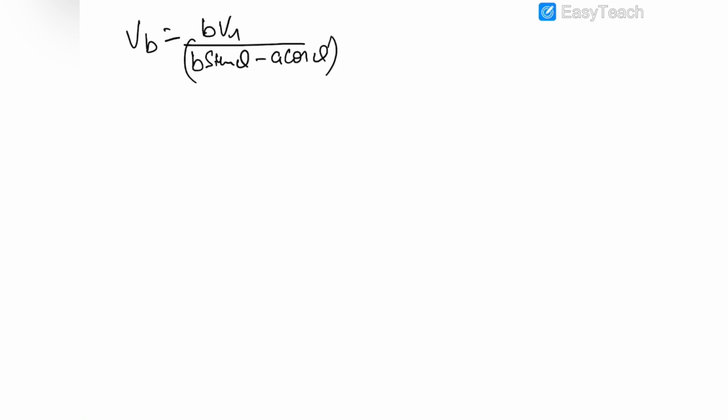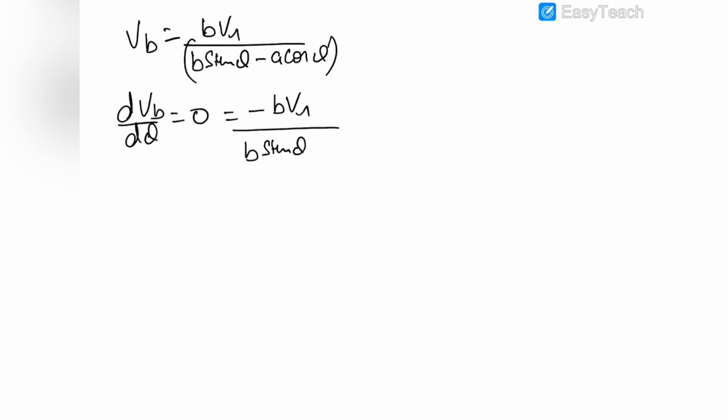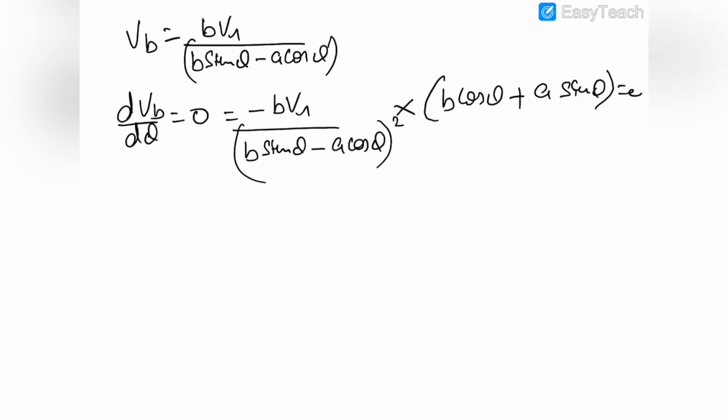Now we have to minimize this VB and we should find out theta. So dVB by d theta should be 0. So it would be minus B into VR divided by B sin theta minus A cos theta whole square, multiplied by B cos theta plus A sin theta, and this would be equal to 0.